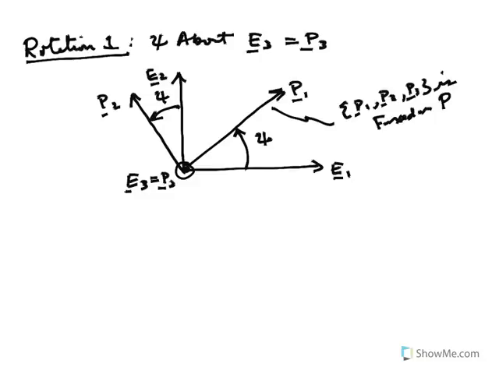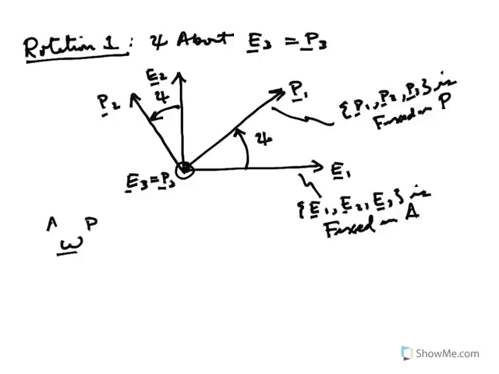I'm going to call that frame capital P. I know that E1, E2, E3, as I said originally, is fixed in frame A. So as a result, I know that the angular velocity of P in A is equal to psi dot times P3. Remember, I always write things in terms of the basis that's fixed in the frame that's rotating relative to the frame from which I'm measuring.